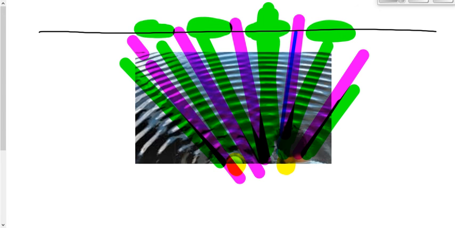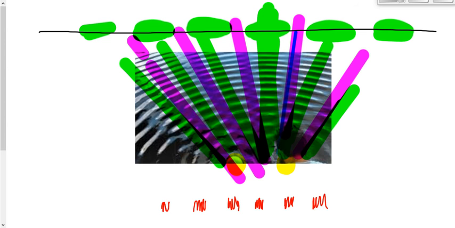So we end up getting this pattern on the screen that looks more like this. Bright spot, dark spot, bright spot, dark spot, bright spot, dark spot, and so on. You guys remember that from last Thursday? Does that ring a bell? Makes sense?